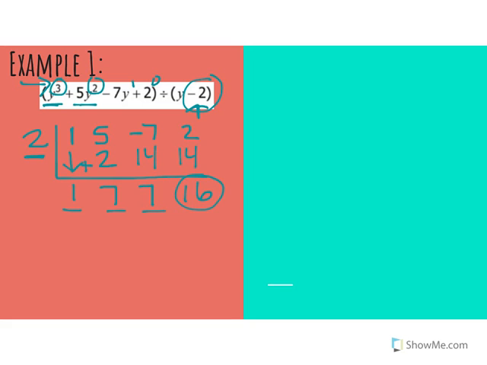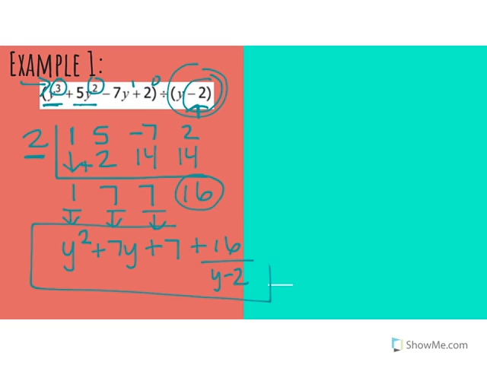So this is my coefficient of the y squared term, so I have 1y squared. This is my coefficient of the y term, so 7y. Then this is going to be my constant. And then my remainder, we write as 16 over our entire divisor, so y minus 2. Alright, so that is our solution to our first problem here.